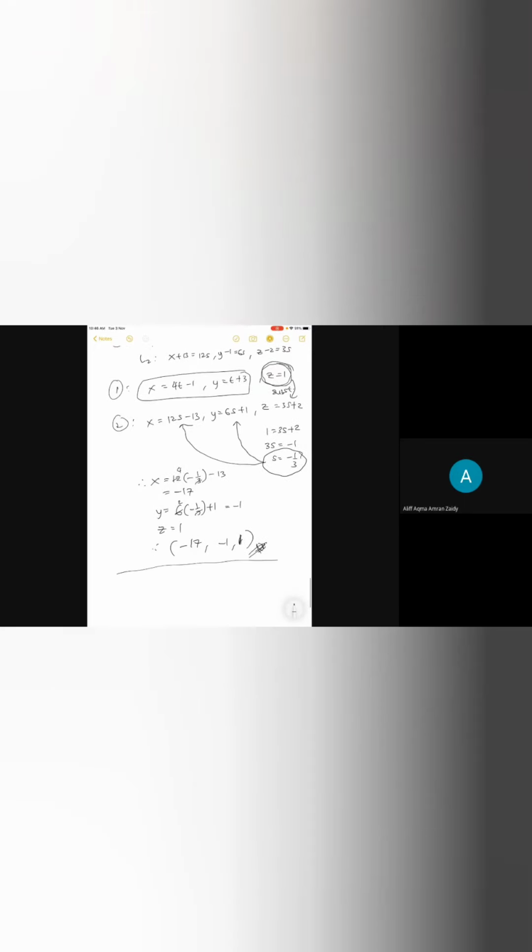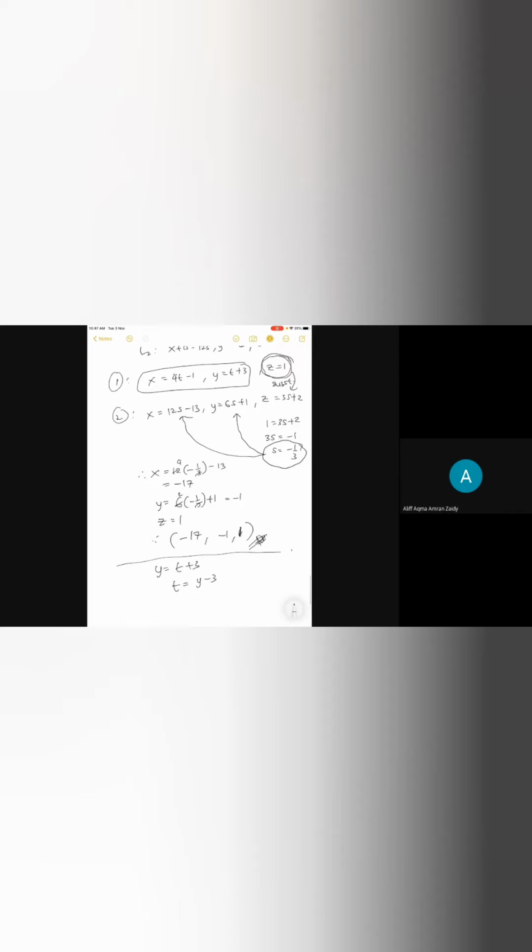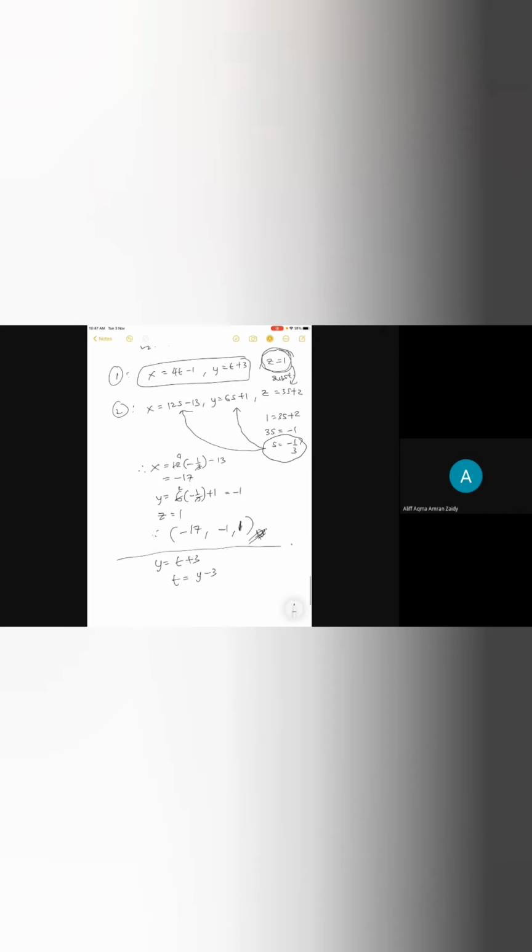Contohnya, awak buat Y equals to T plus 3 kan, so dapat T equals to Y minus 3. So, awak masukkan pada Y yang kedua. Sorry, T, so X equals to 4(Y minus 3) minus 1 equals to 4Y minus 13.